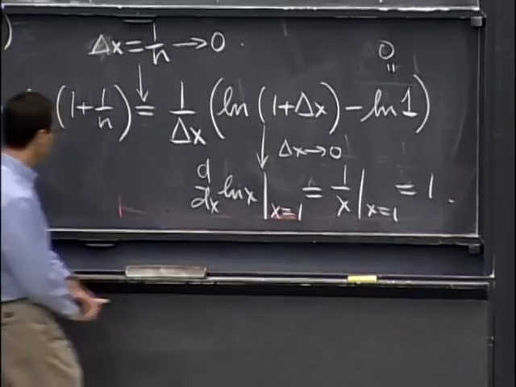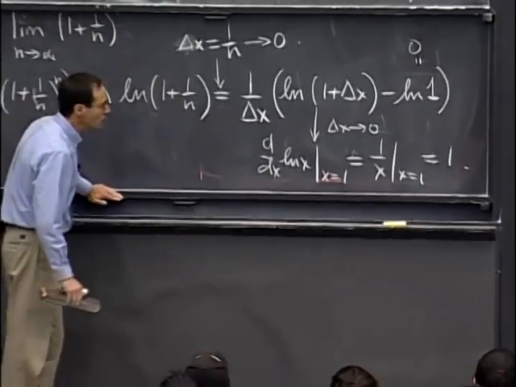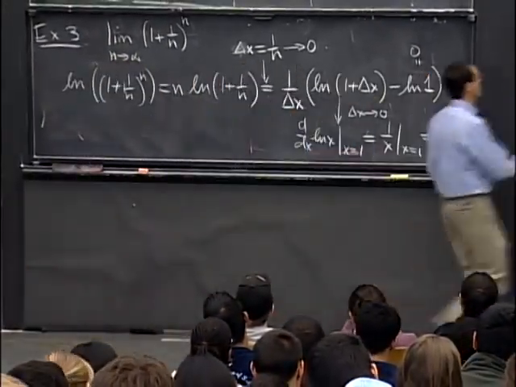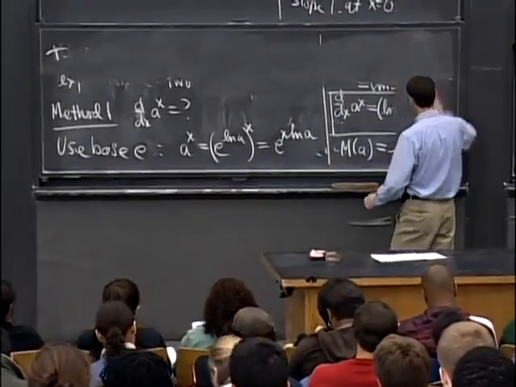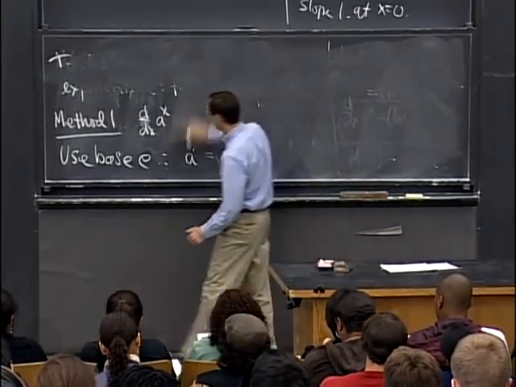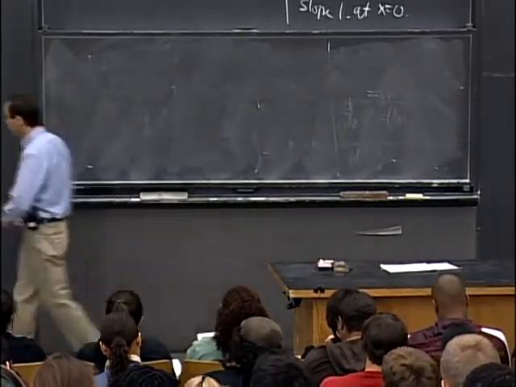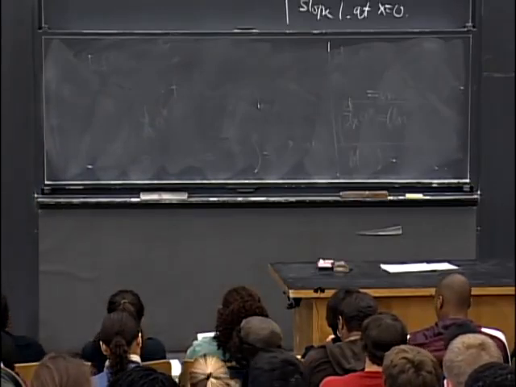Okay, so we got the limit, and now we just have to work backwards to figure out what this limit that we've got over here is. So let's do that. The log approached 1.